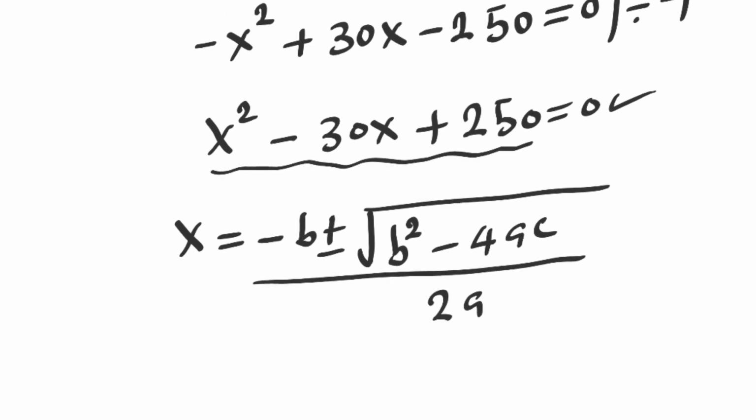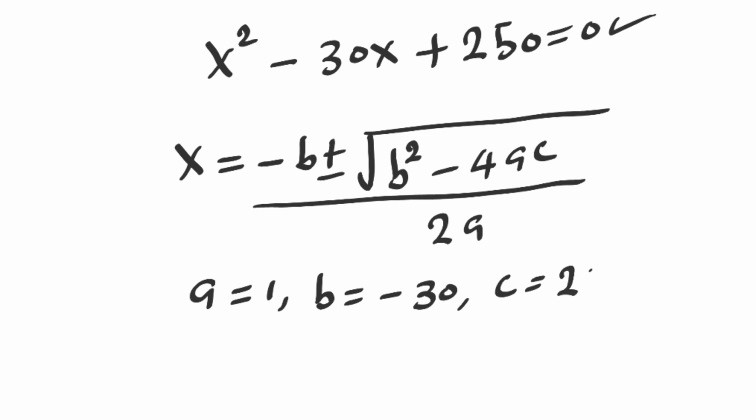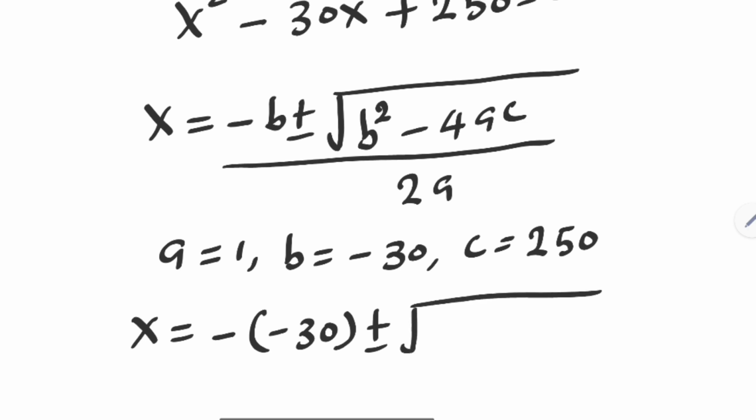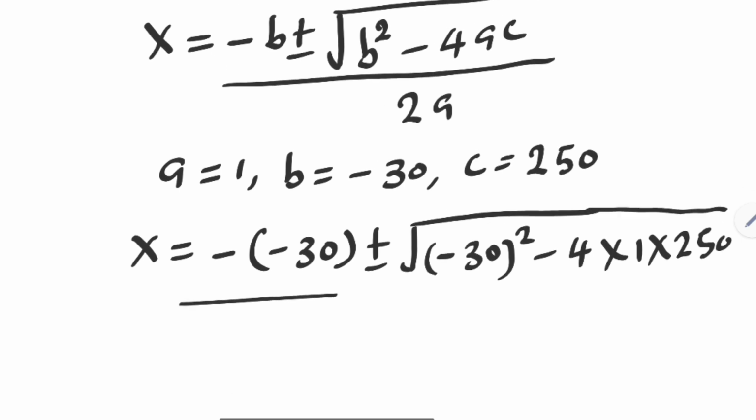Then from this equation, a is equal to 1, b is equal to minus 30, c is equal to 250. x is equal to minus bracket minus 30 plus or minus square root of minus 30 squared minus 4 multiplied by 1 multiplied by 250, divided by 2 multiplied by 1.